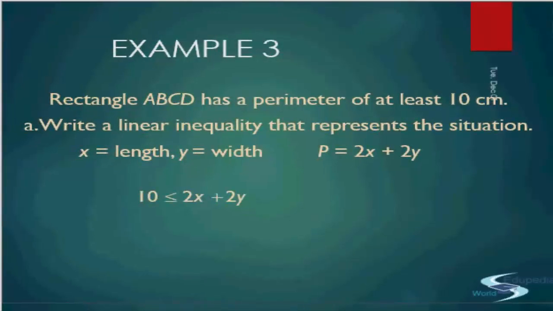Having done that, we know that the rectangle ABCD has a perimeter of at least 10 centimeters. At least means at the bare minimum it has a perimeter of 10.